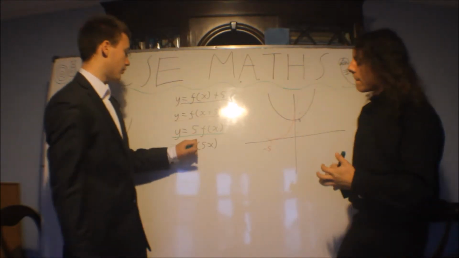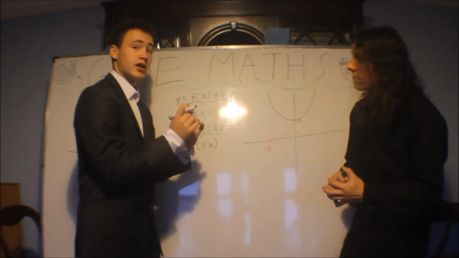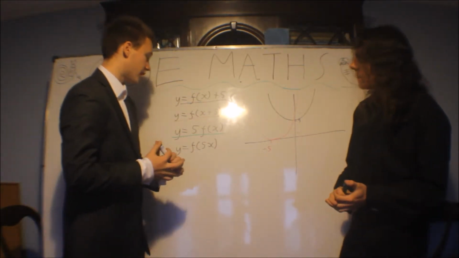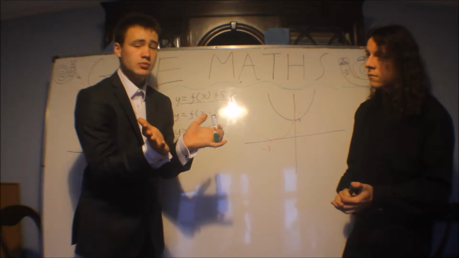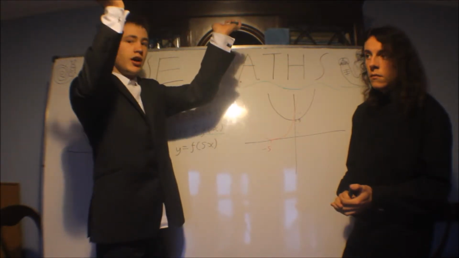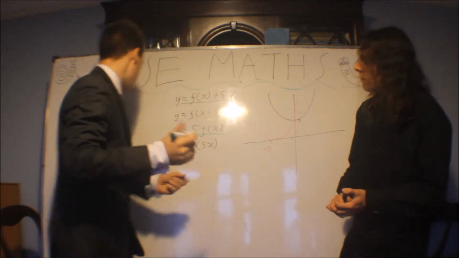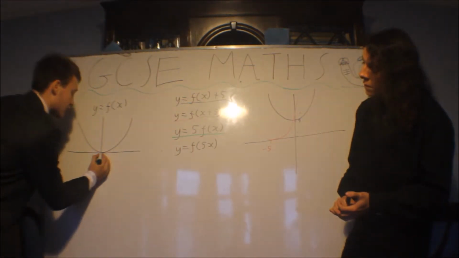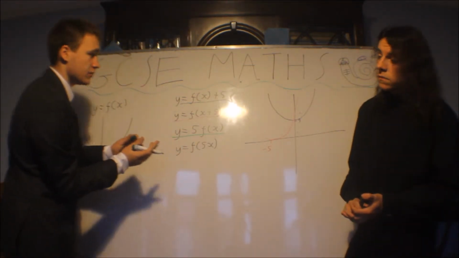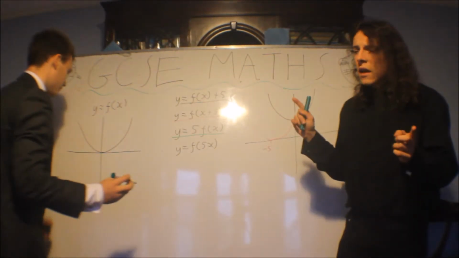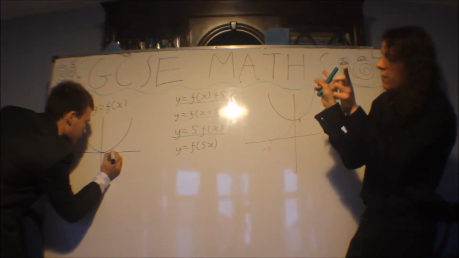Alright. So the 5 is outside, it's not held in the bracket, so it's going to be to do with the y. And in fact, every y value is going to be 5 times higher. So this value isn't going to change, because in the y direction it's 0, and 0 times 5 is 0, so it's still going to go through this 0 point. But what's going to happen is it's going to sort of do this.